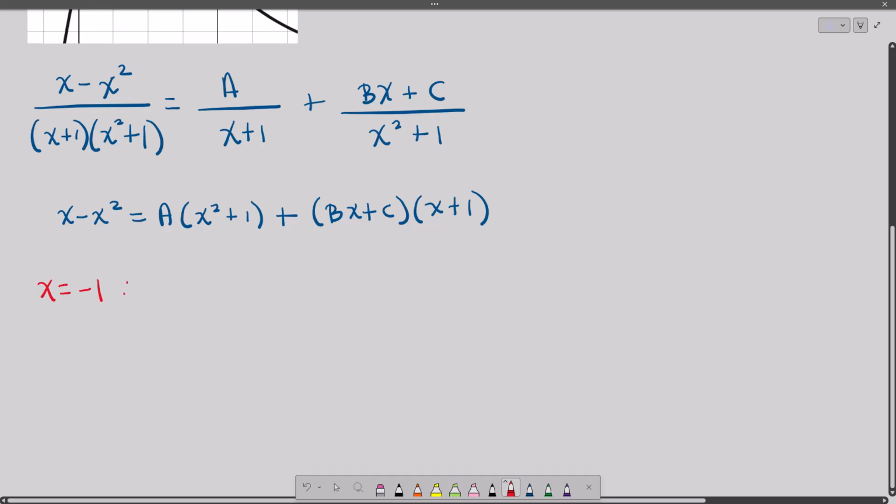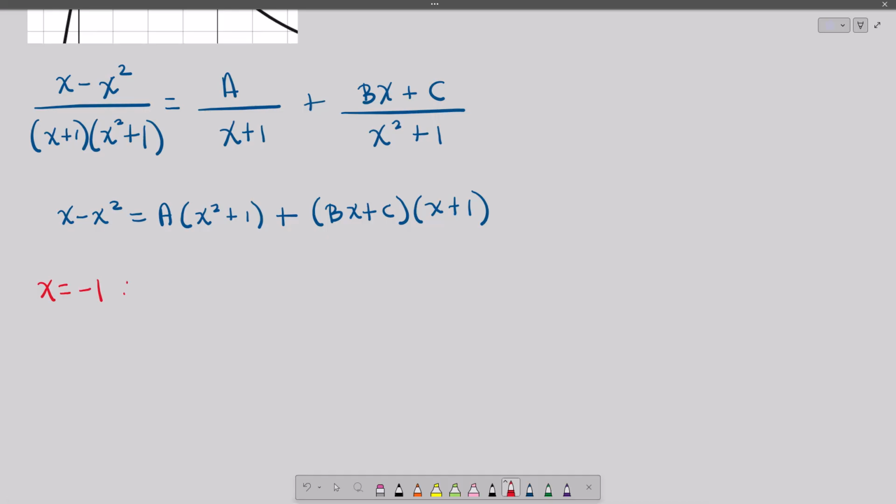If we're going to mingle the methods, first we're going to plug in a convenient value from that linear factor. So -1 over here, so we get -1 minus 1, so we get -2. And then we get 2 times a. And then over here we get 0. So this gives us that a is -1.